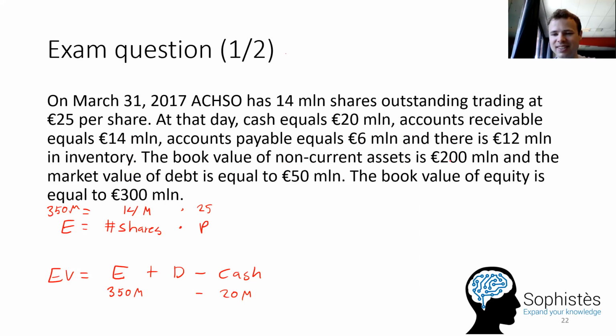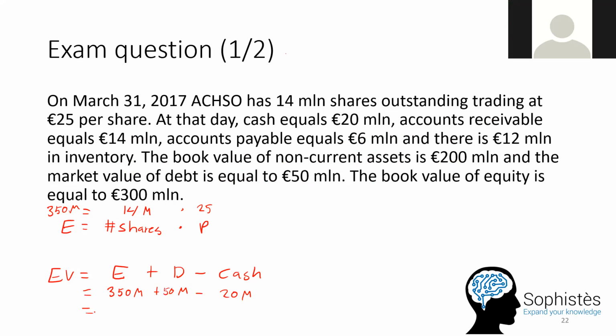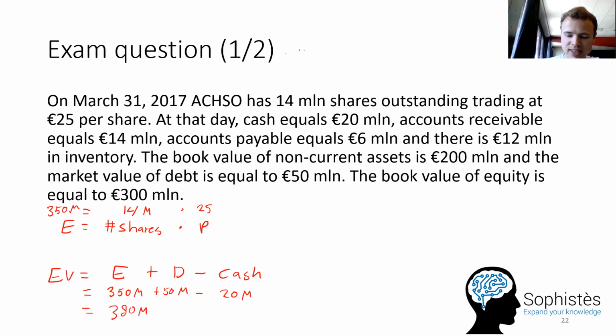Book value of non-current assets, no. And then the market value of that, yes, that one we need. Great. Then we have everything we need for the enterprise value. So now you can fill it in. So it must be 380 million. Okay, let's have a look. That's the correct answer. So I will give you some time to copy it.